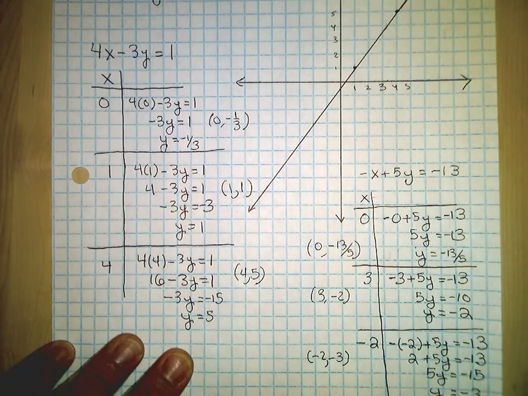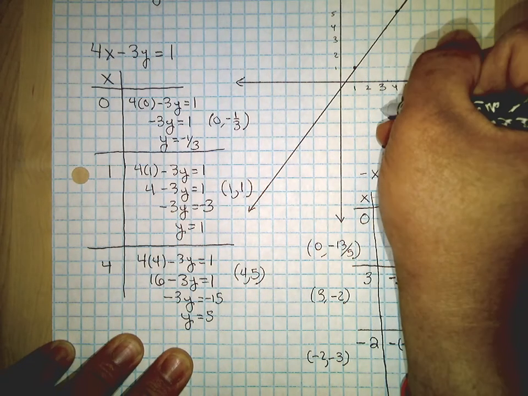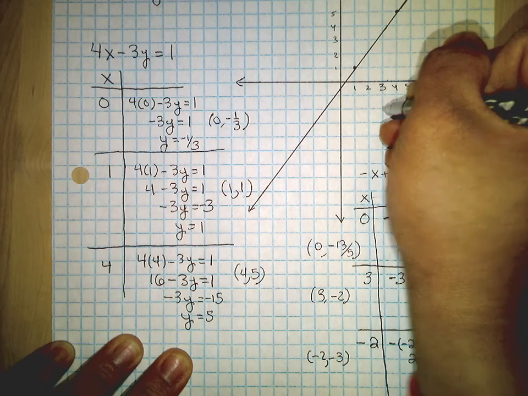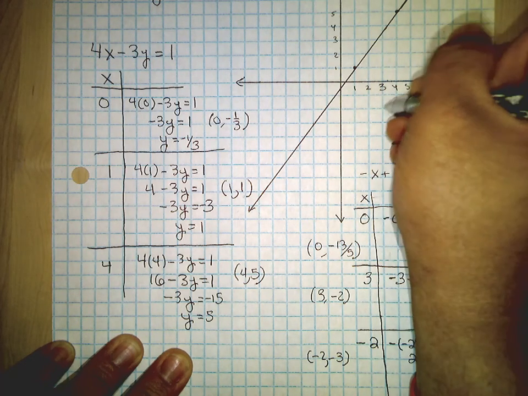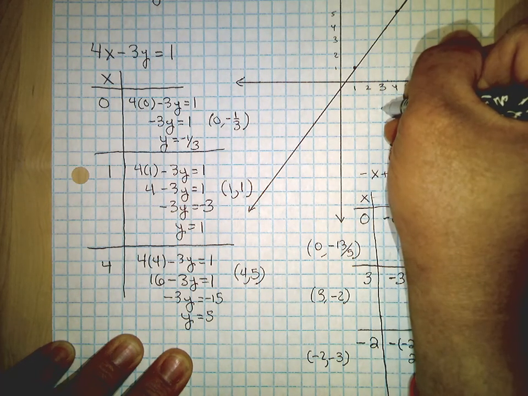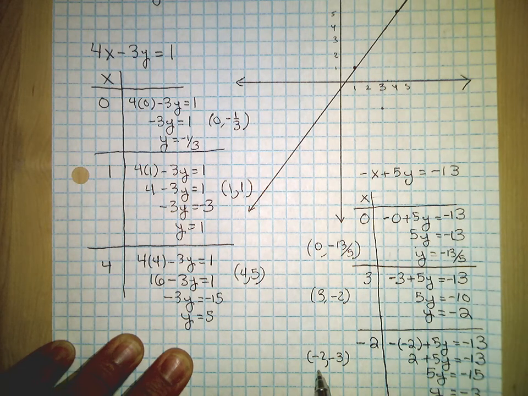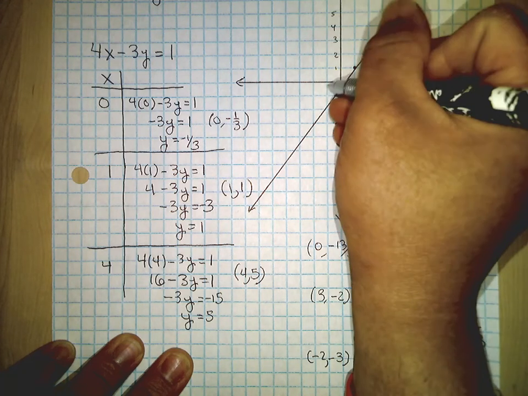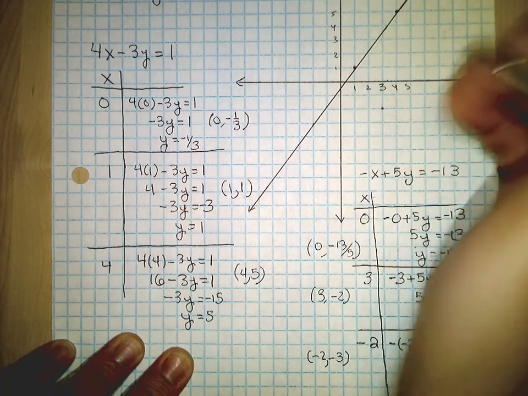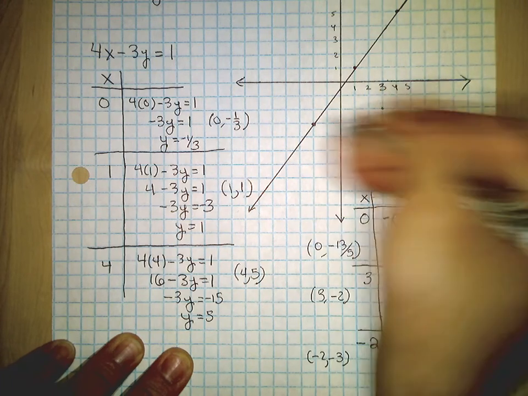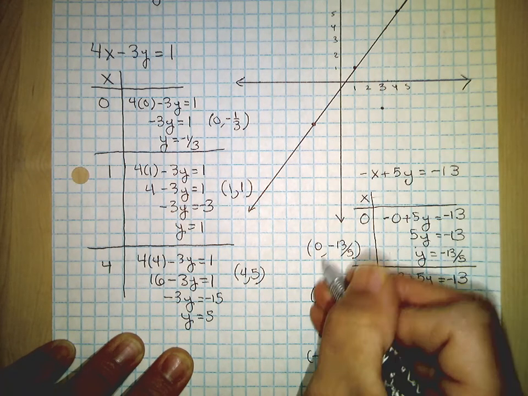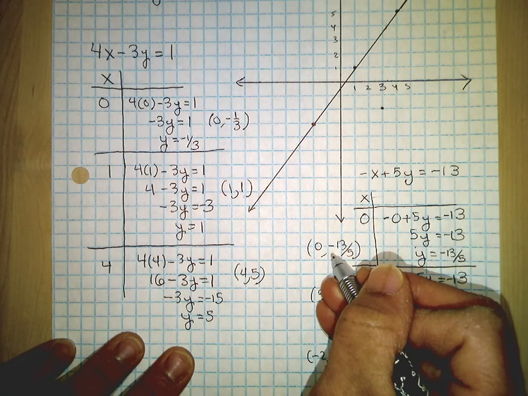All right, so let's graph the 3, negative 2, and the negative 2, negative 3, and the 0, negative 13 over 5.